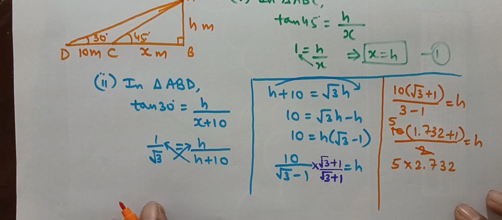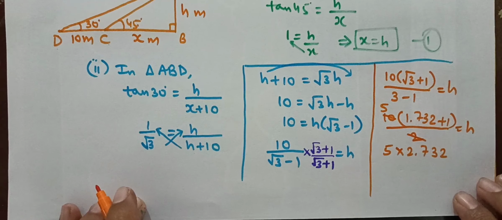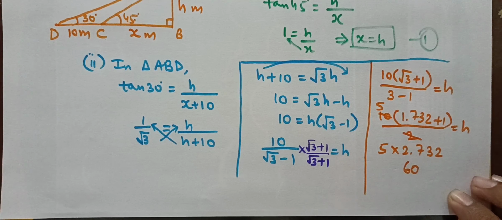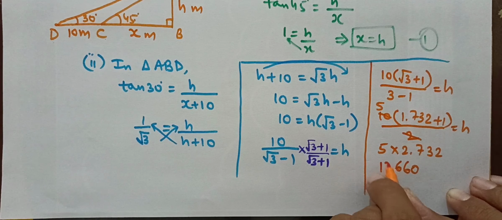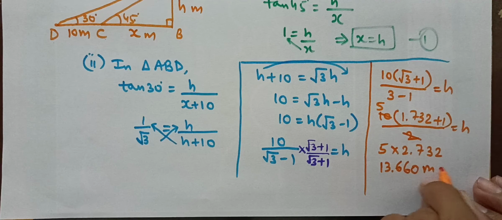And now the calculation of this: 5 2s are 10, 1 carry, 5 3s are 15 and 1 is 16, 1 carry, 5 7s are 35 and 1 is 36, 3 carry, 5 2s are 10 and 3 is 13. Now we have to put the decimal point before 3 digits. So 13.660 meter is the answer for the height.